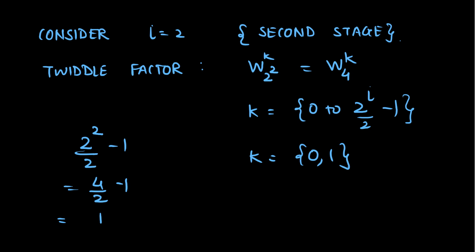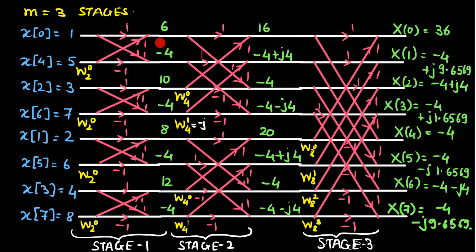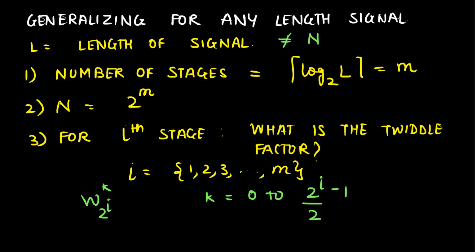So in this lecture we have considered an example for an 8-point DFT and solved it completely using the DIT-FFT structure. We then further generalized the number of stages, the value of N, and the twiddle factors for the ith stage for any given length of signal.